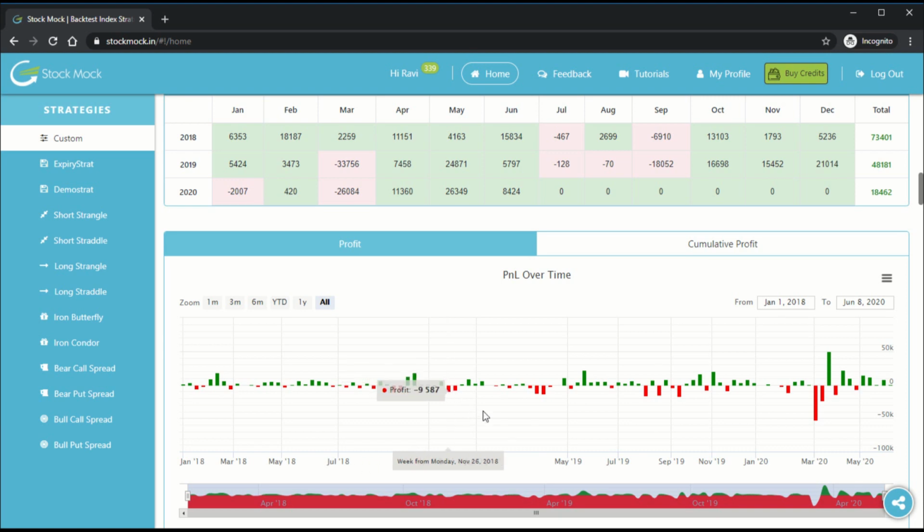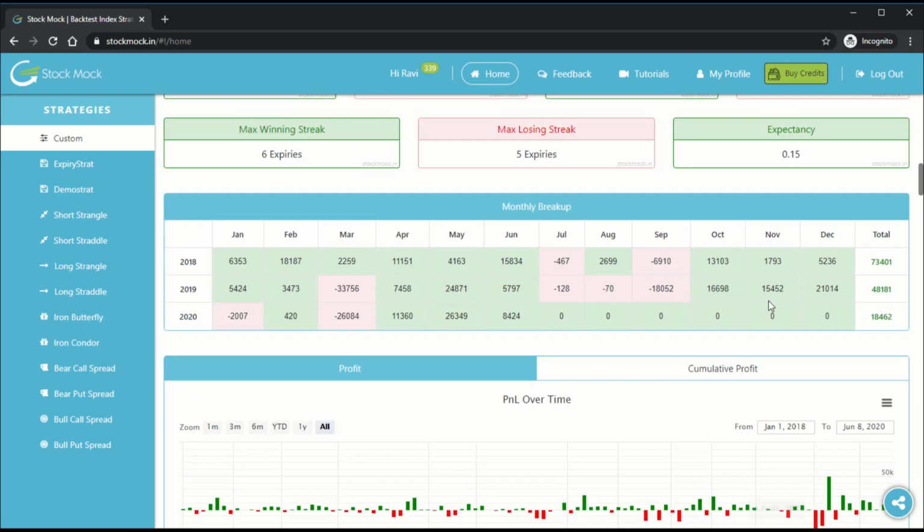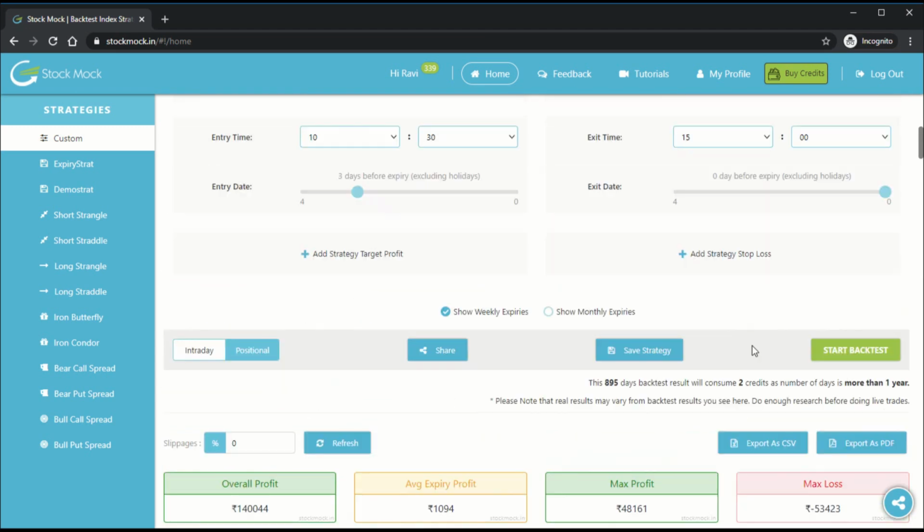As you can see, there are some expiries where the losses have crossed almost 50,000 rupees. So if I want to restrict my losses, I would have to define my risk in my backtest.